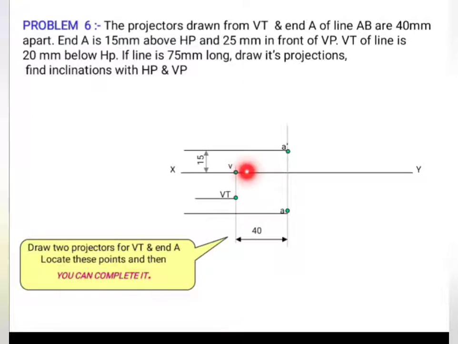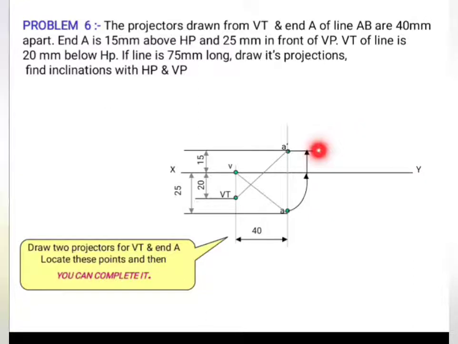Obviously, plan of the vertical trace V will be on the XY line, so I am marking V on the XY line. Now we know the elevation of the line will pass through point A dash and VT, and the plan of the line will pass through A and V. Now I am going to rotate this VA in the upward direction and projecting it upward, getting the intersecting point.